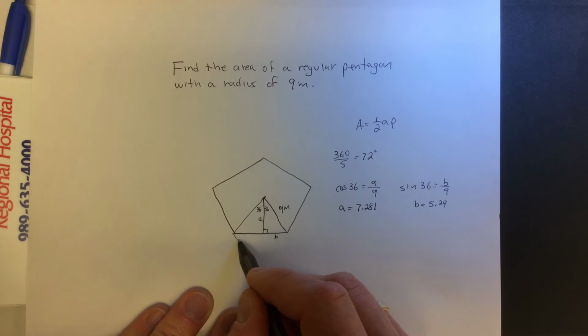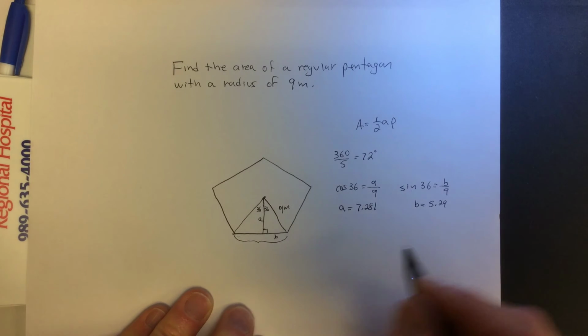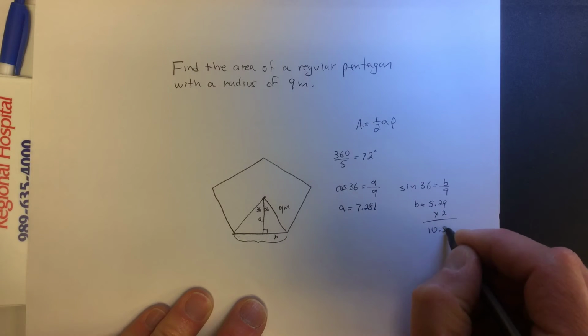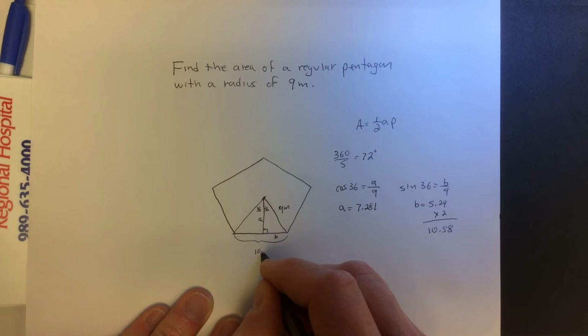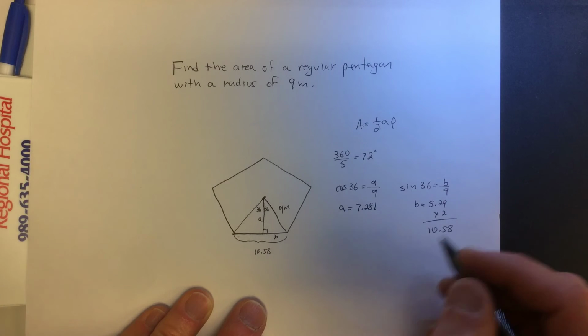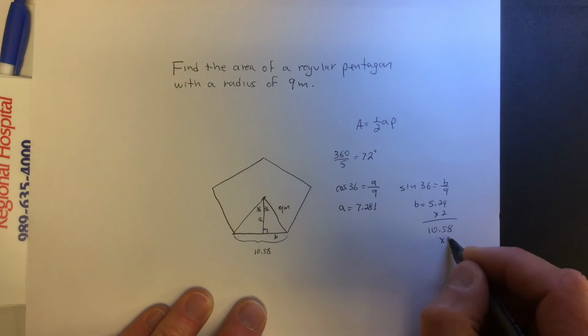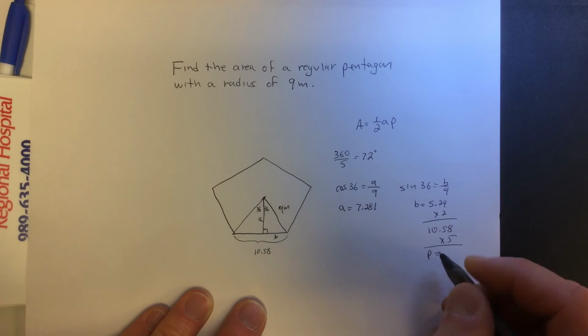To find this entire side length, I'm going to multiply it by 2, and that gives me 10.58. So this side is 10.58. To find the perimeter, I've got 5 sides, so times 5. So my perimeter is equal to 52.9.